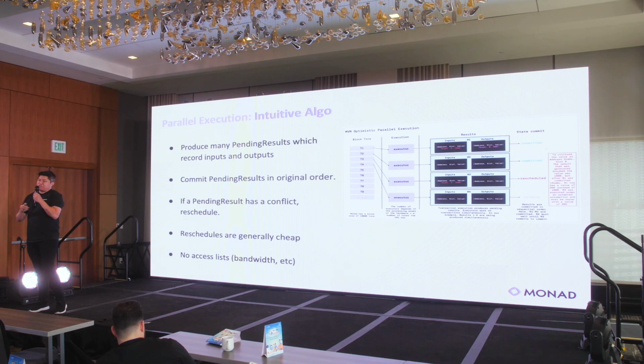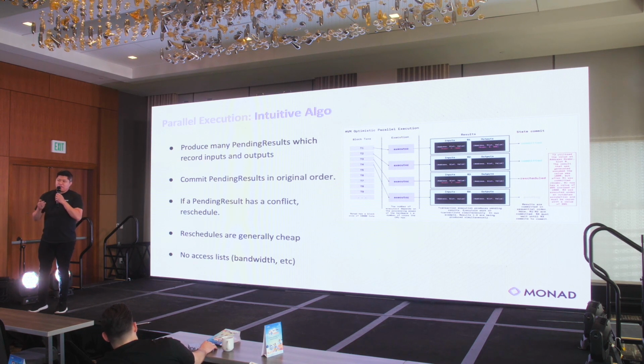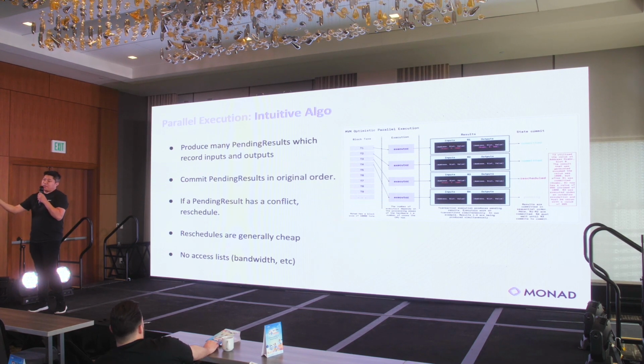In this first pass, it also produces all these pending results that keep track of the inputs for those transactions and the outputs. Then in the second phase of execution, we're committing all those pending results one by one, or rather trying to commit them. And if there's ever a pending result whose inputs have since mutated, then we just go and re-execute.